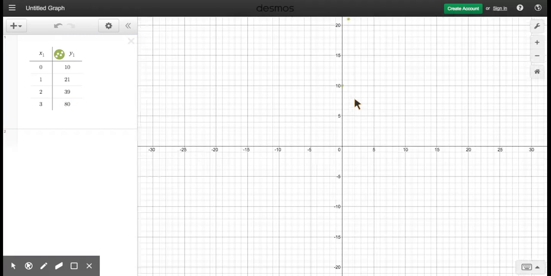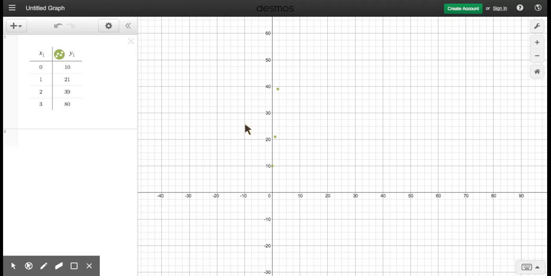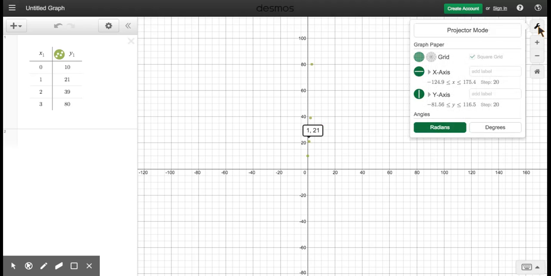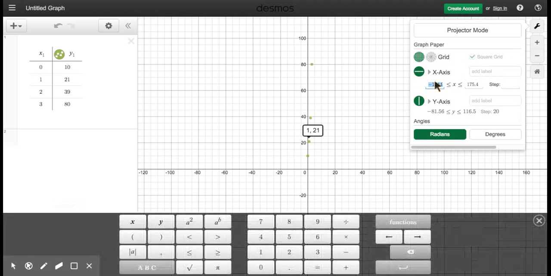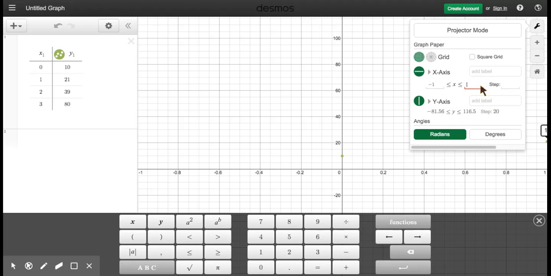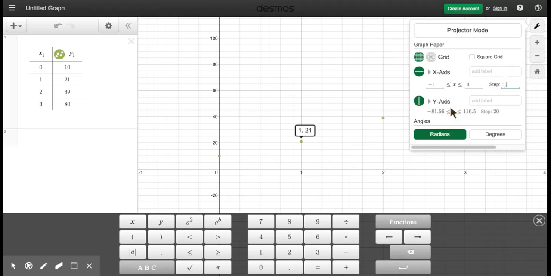To change the scale on the screen, we can do a variety of things. If I go over here and look at the graph settings, this is probably the best thing you can do. I want x to go between -1 and 4, with steps of 1.